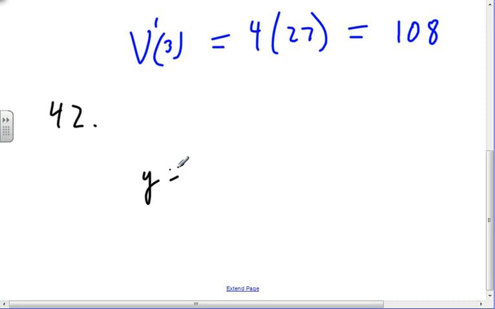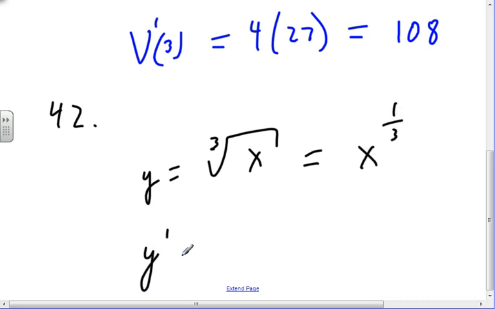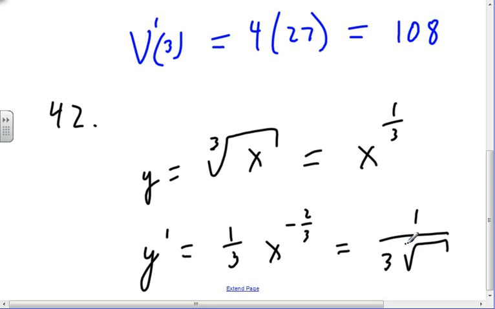So y is equal to the cube root of x. Now, you wouldn't write it that way. You'd write it x to the 1/3. And then you'd say y prime is 1/3 x to the minus 2/3. Right? And then you'd say, well, I wouldn't want that because that would be a negative exponent, right? So I had 3 times the cube root of x squared.